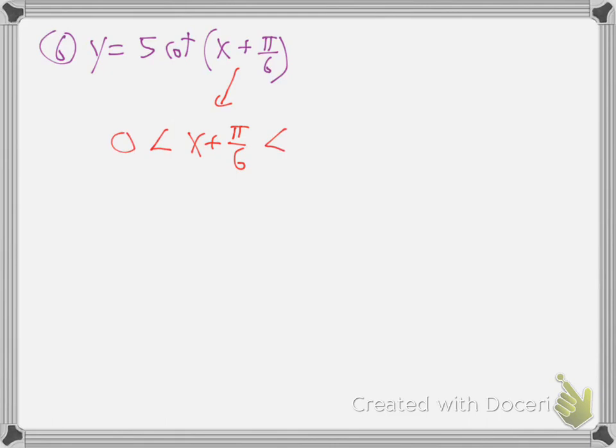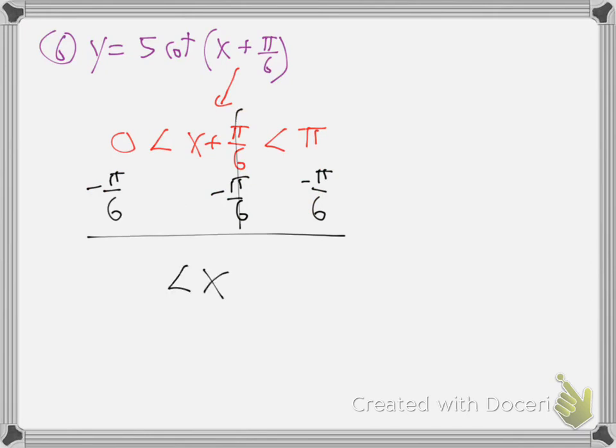And we put it between 0 and pi, right? Because that's the normal boundary lines, asymptote lines. For cotan, all the cofunctions, cotan, cosecant, 0 and pi. So I put it between 0 and pi, and then we solve for x. And so that would be subtract pi over 6 from all three. These cancel. X is alone. Minus pi over 6 there.